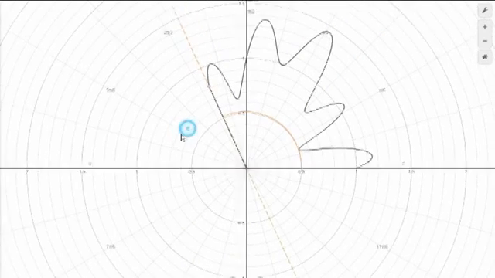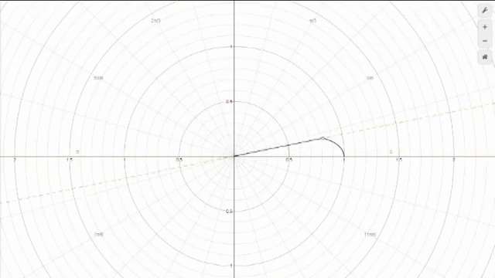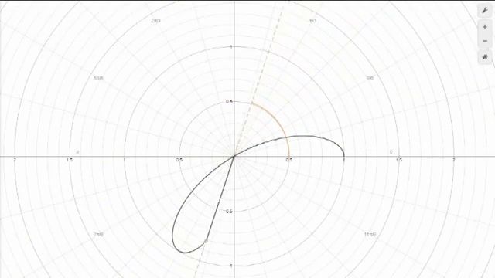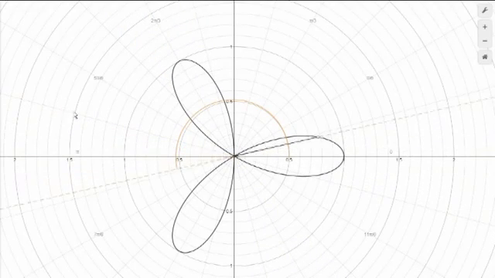And I just want to end off with a couple of curves that pop up a lot in textbooks, like this guy. This guy is r equals cosine 3 theta. So it's a cosine wave, and it's got a high frequency. And how it rotates is like this.